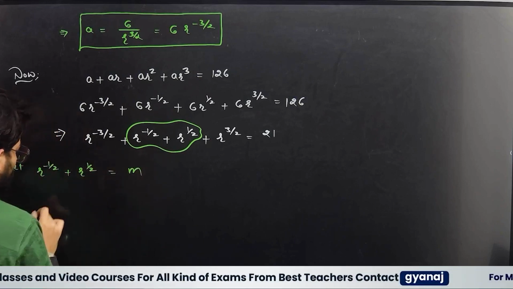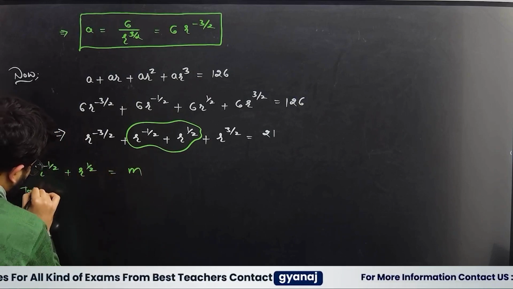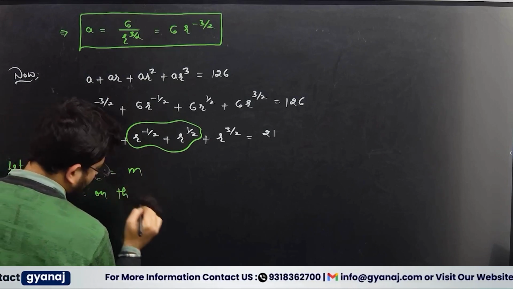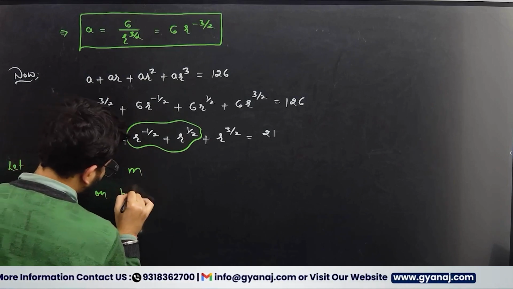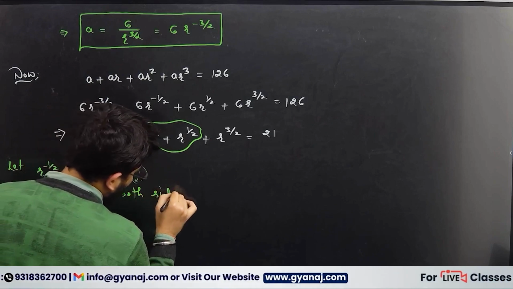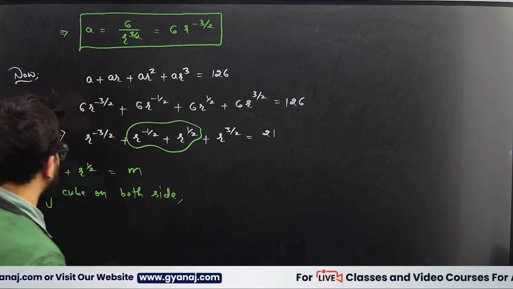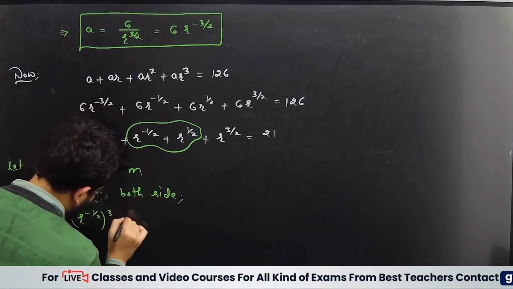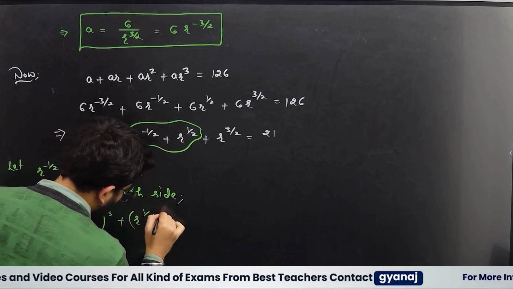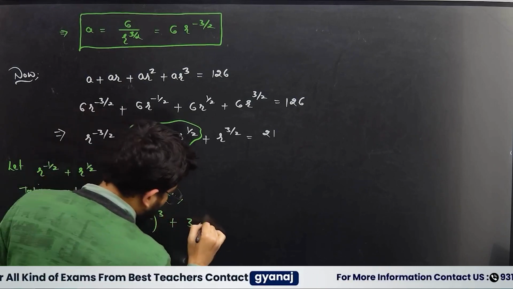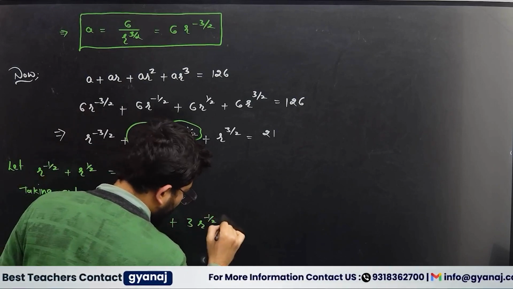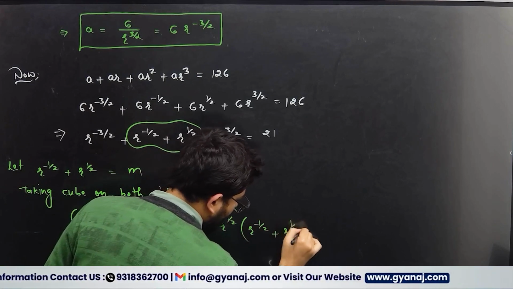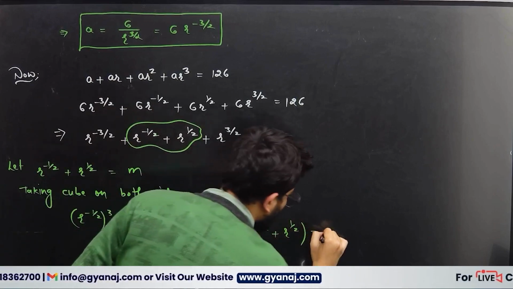If this is M, take cube on both sides. When you take cube on both sides, we have a cube plus b cube plus 3 a b into a plus b, and this is equal to M cube.